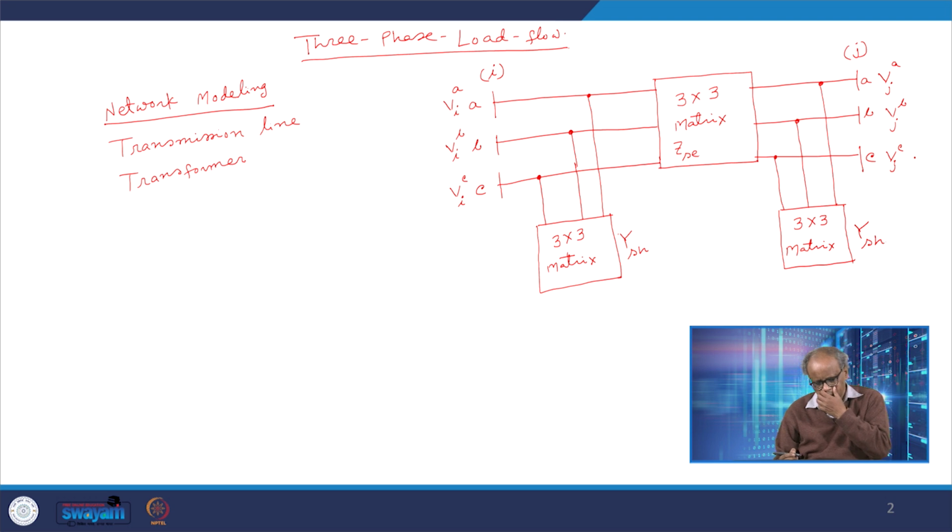So our notation for the voltages is that when I say my voltage is VIP, this means that this is voltage. These are all complex quantities.